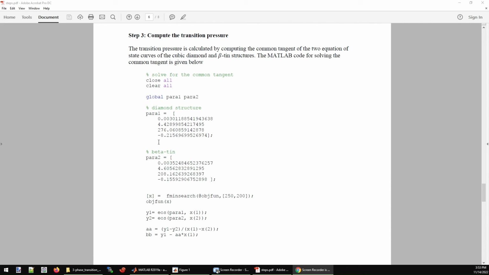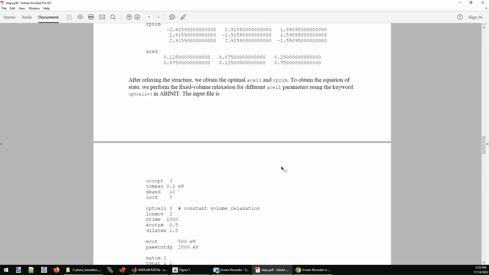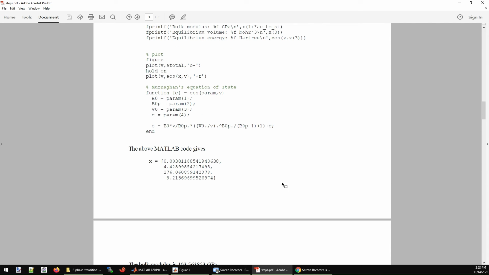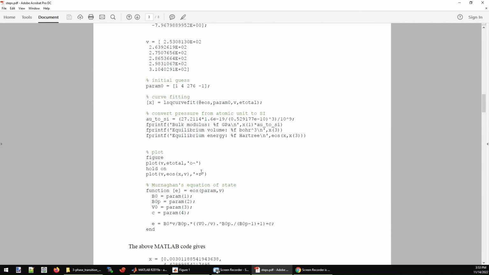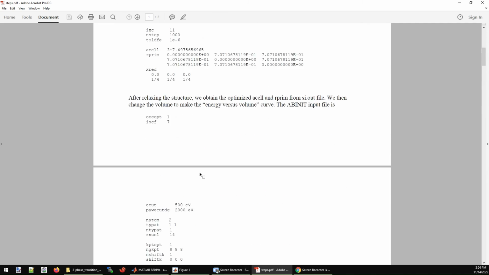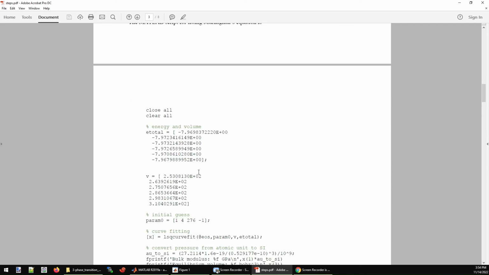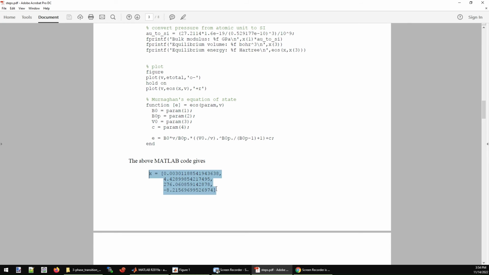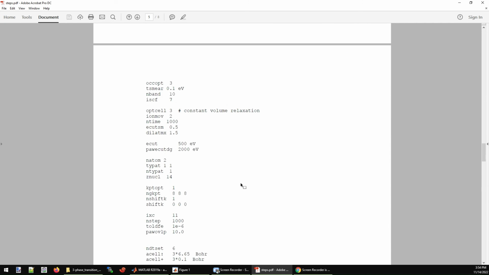So this is the MATLAB script we are going to use. First of all, we copy and paste the equation of state parameters we obtained previously for the silicon diamond structure, this one, to here.